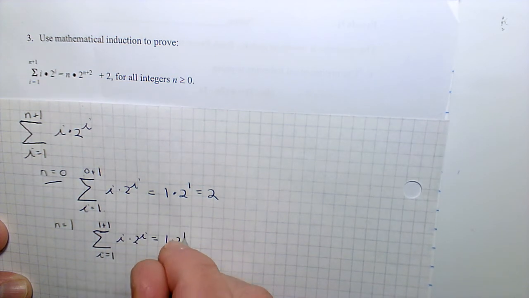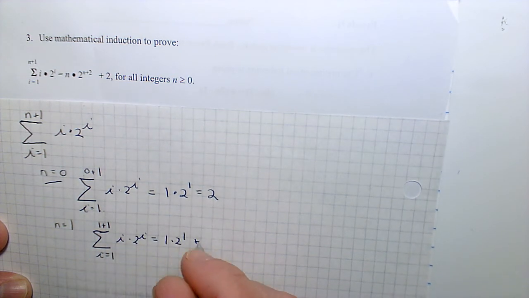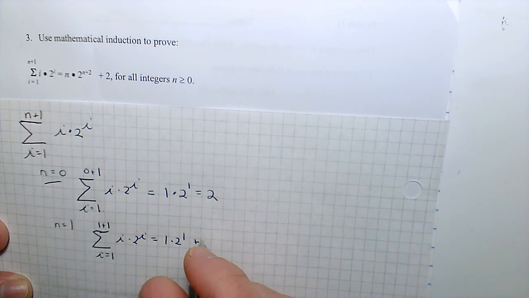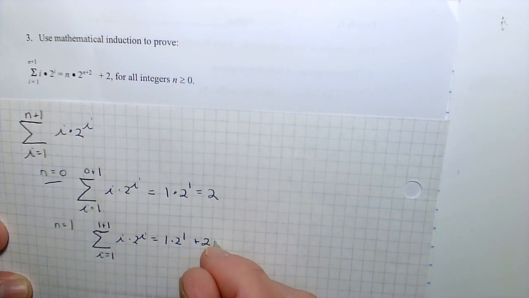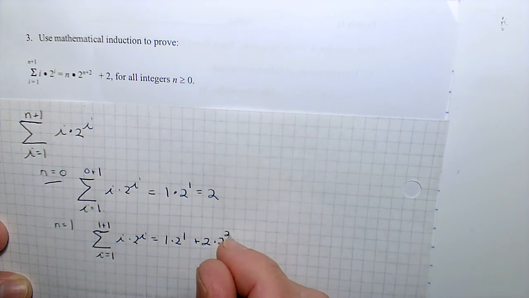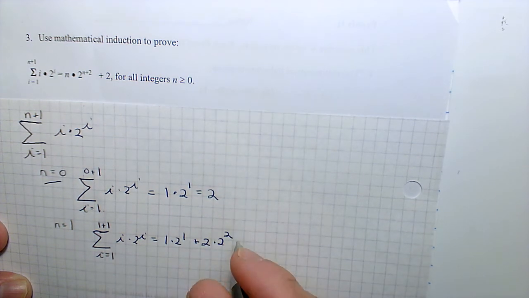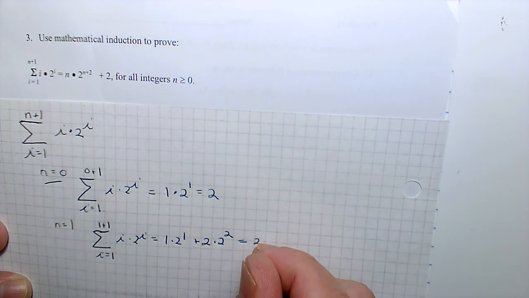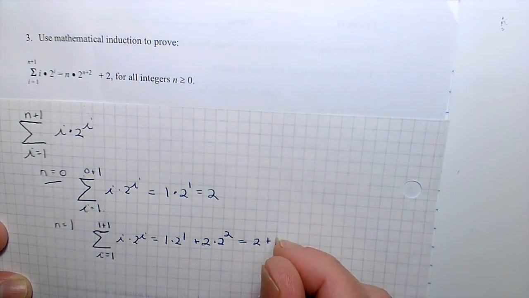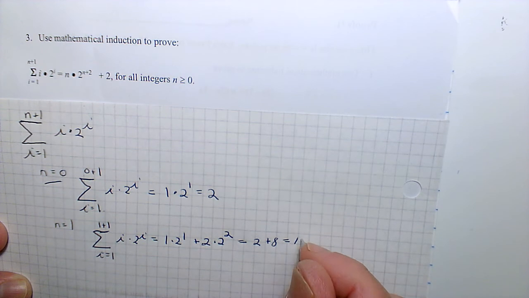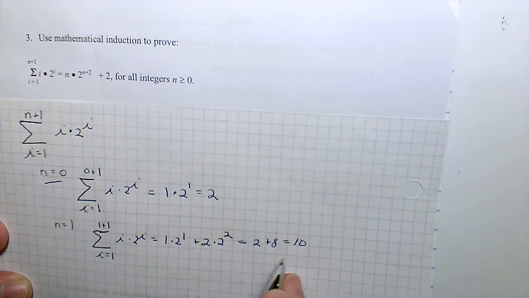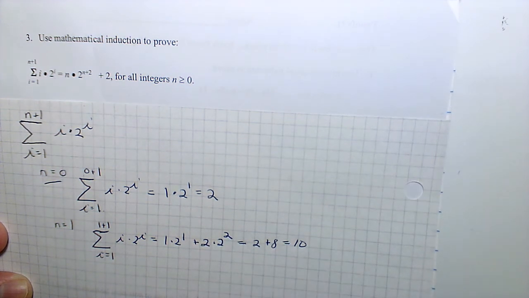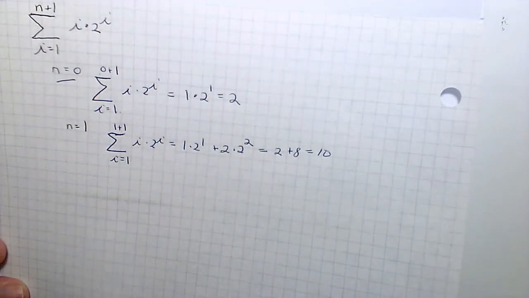So it's 1 times 2 to the first, plus, now we're going to do 2 in the position of i, 2 times 2 squared, which is going to be 2 plus 8, or 10. Now this final answer really isn't as important as noticing the pattern as we continue with this.